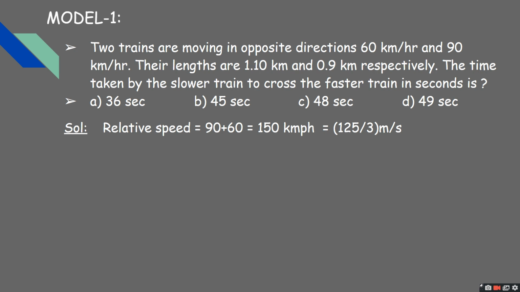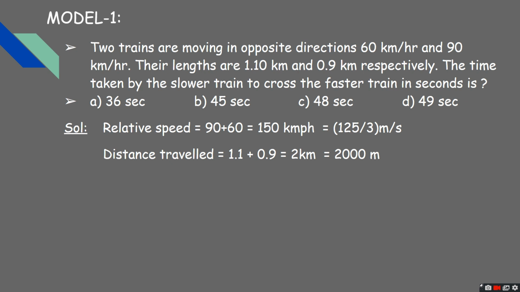Length of trains are given as 1.1 kilometers and 0.9 kilometers respectively. In the question, they have given that both the trains are crossing each other. So, distance traveled equals the sum of length of trains, that equals 1.1 plus 0.9, which gives 2 kilometers.